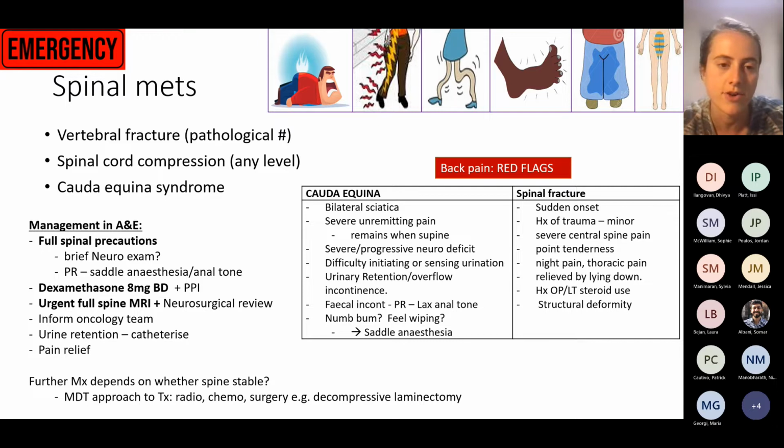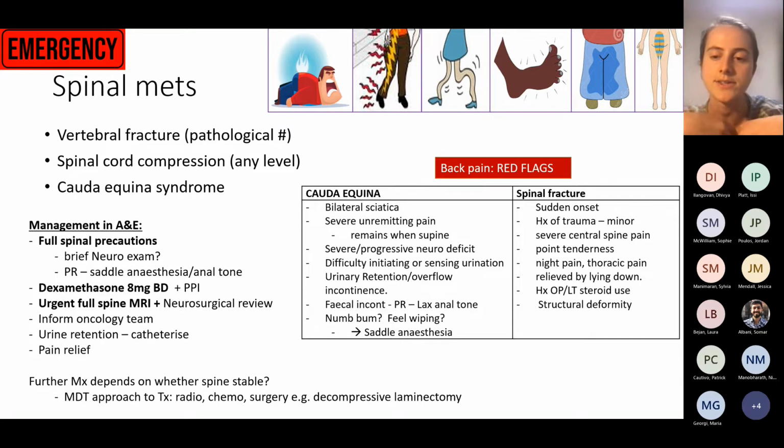cauda equina syndrome. Does anyone know the management of this? It's one of the things similar to SVCO. Yes, dex.